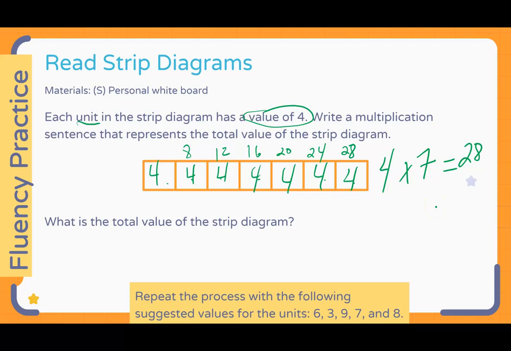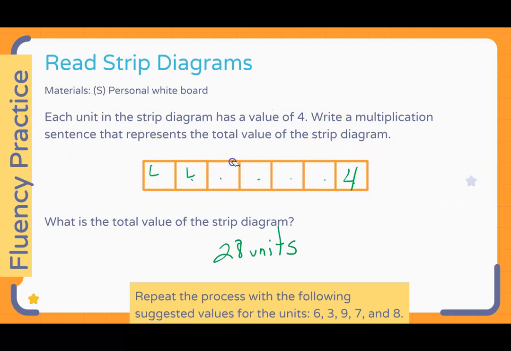So the total value of the strip diagram is 28 units. That's all we have to do. Now we're going to do just one more and then move on.